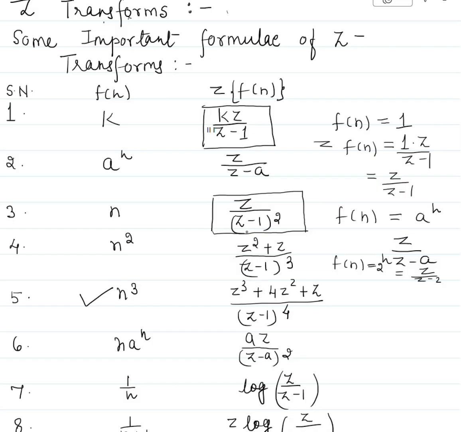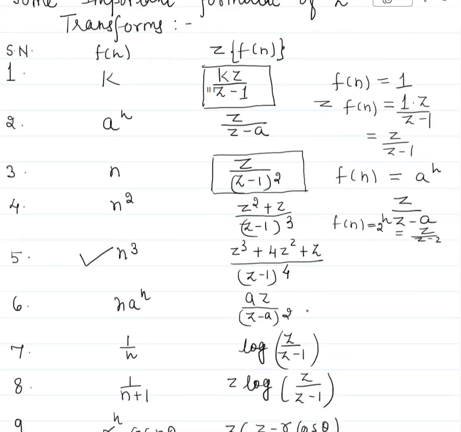All these formulae we have derived from the definition of the Z transform. So to write the Z transform of n cube, always use this formula: z cube plus 4z square plus z upon z minus 1 to the power 4.